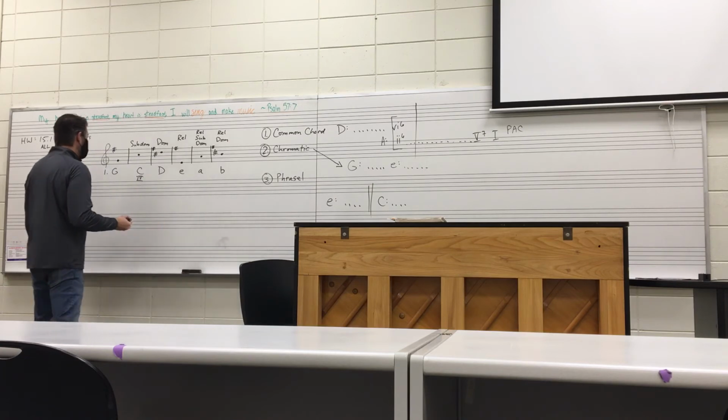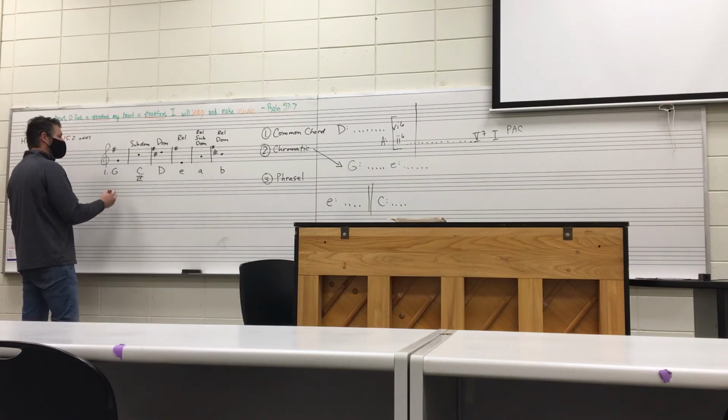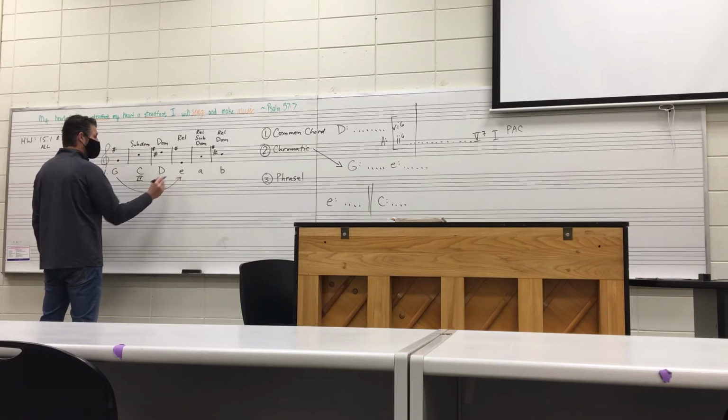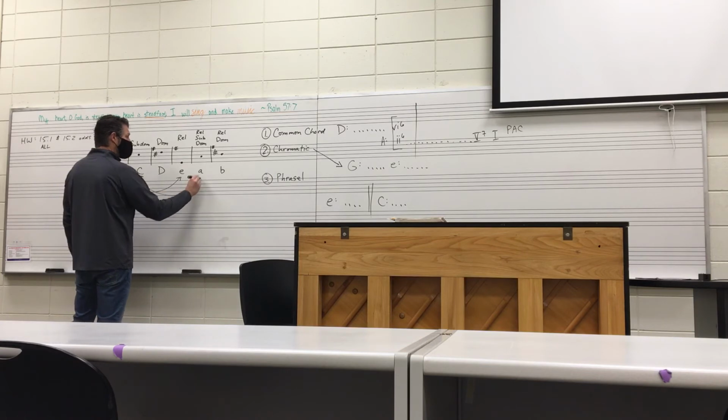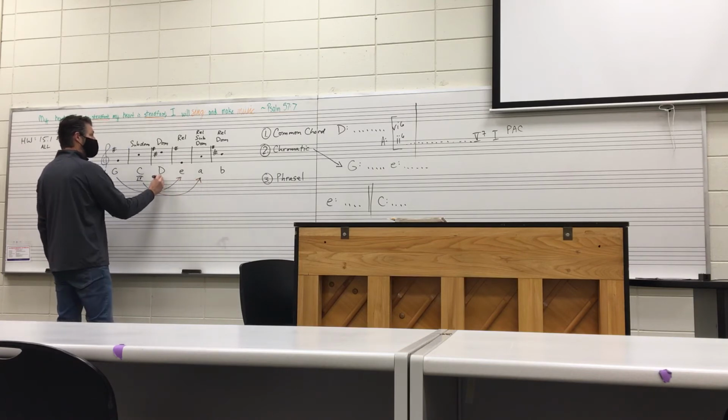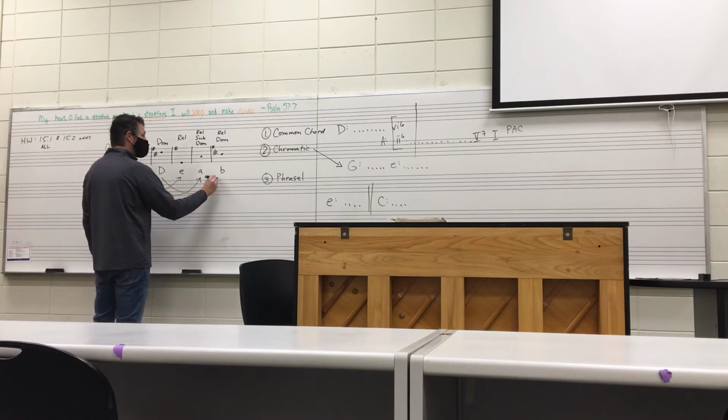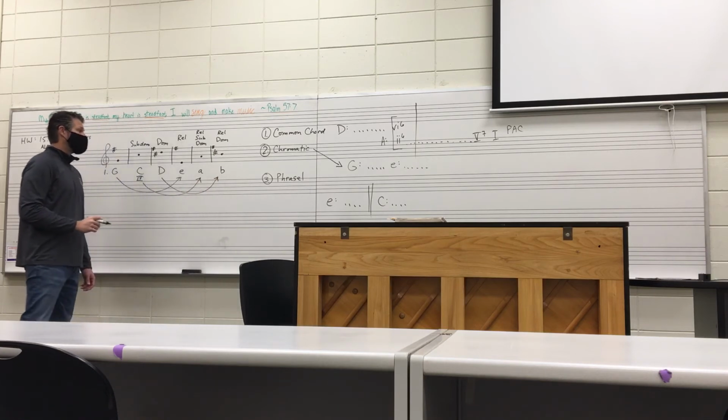So we see how these keys are closely related. Here I've got G and its relative, then I've got the subdominant and its relative, and I've got the dominant and its relative minor key.